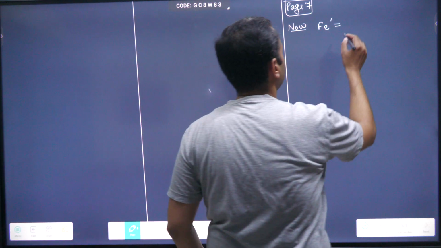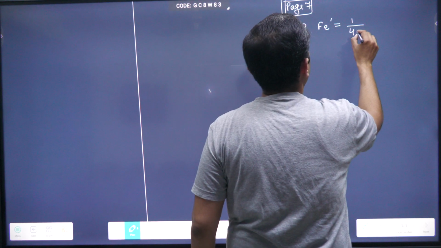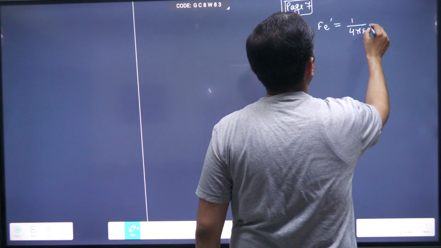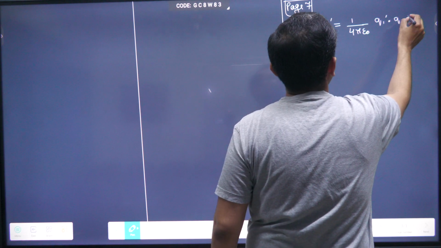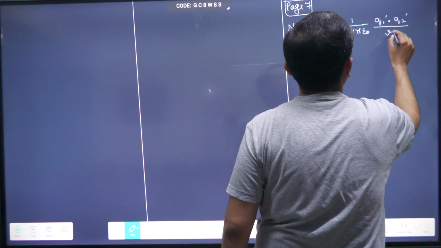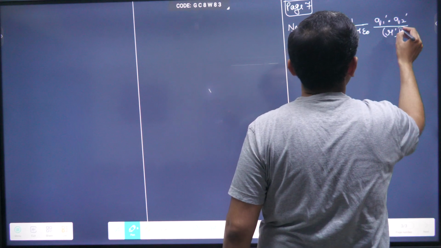So Fe dash will be 1 upon 4 pi epsilon naught, Q1 dash into Q2 dash upon R dash square.